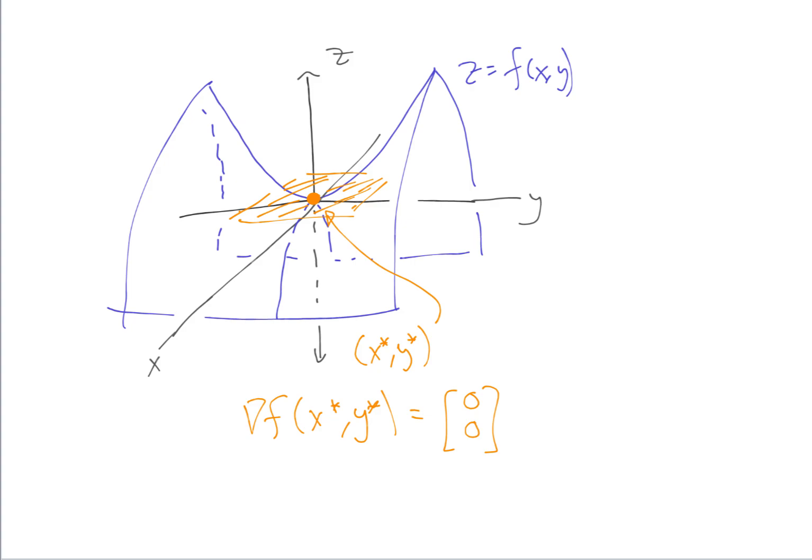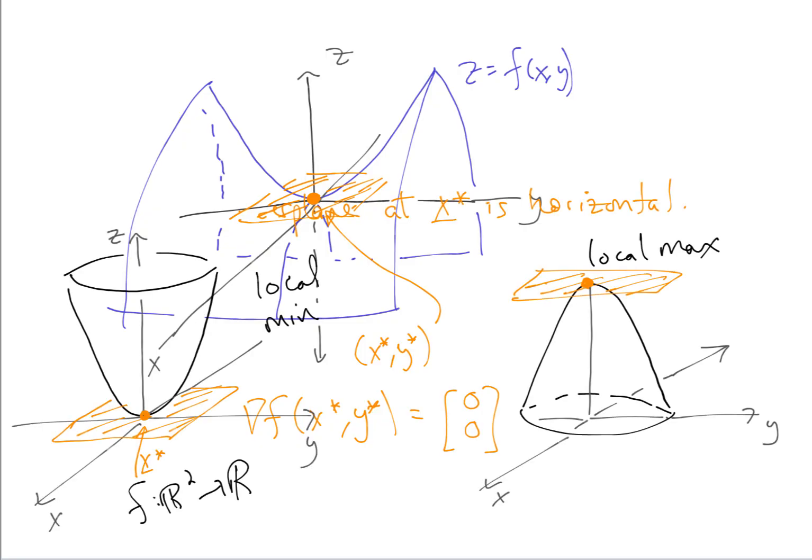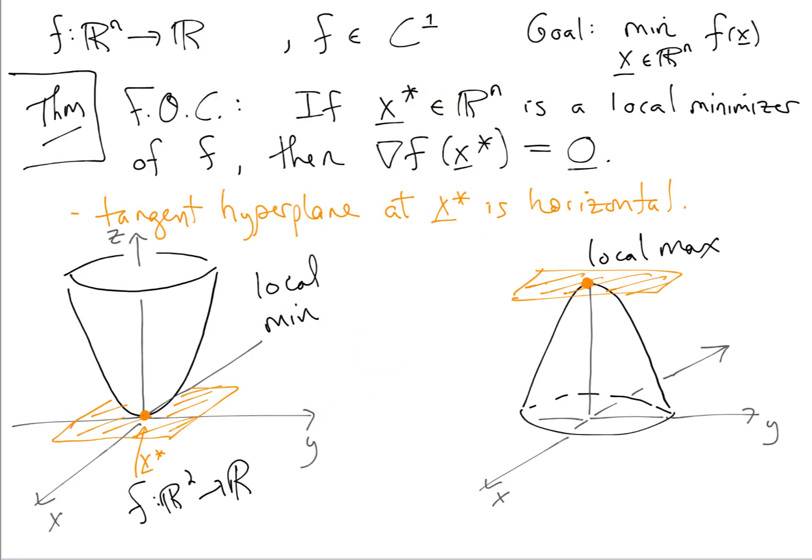But we could use, and we do use this typically in our first multivariable calculus course, we use this result to identify critical points and then use second order information to determine if they are maxima, minima, or saddles.